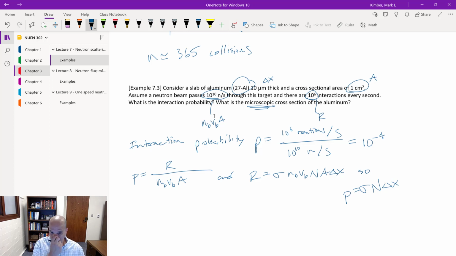And I know how thick the target is, and so I know from that information alone what the probability is that there's going to be that type of interaction.